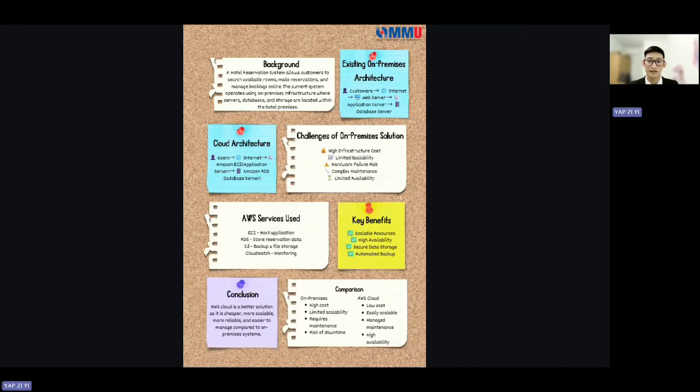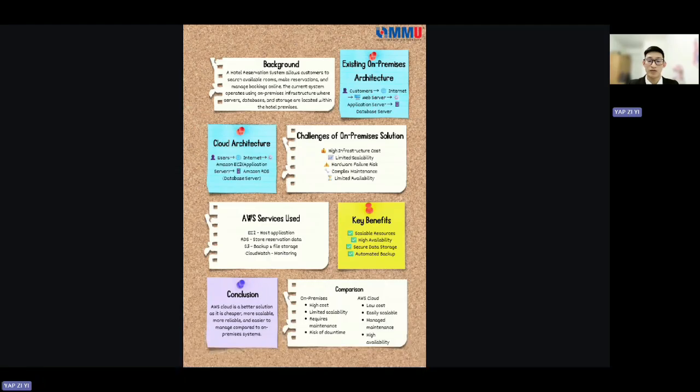The second challenge is limited scalability. During peak seasons, holidays, or promotional campaigns, the number of customers accessing the system may increase significantly. In an on-premises environment, expanding the system requires purchasing and installing additional hardware, which can be expensive and time consuming.